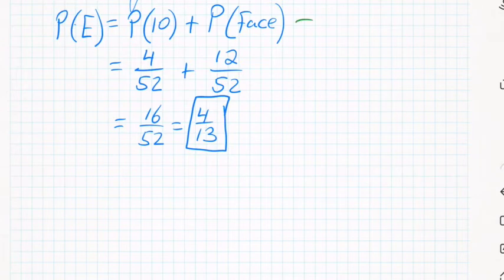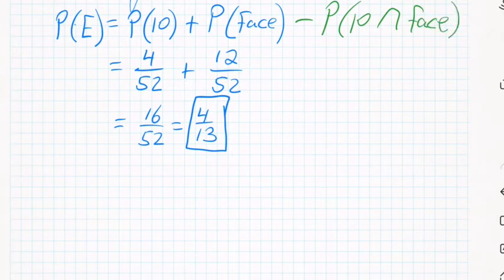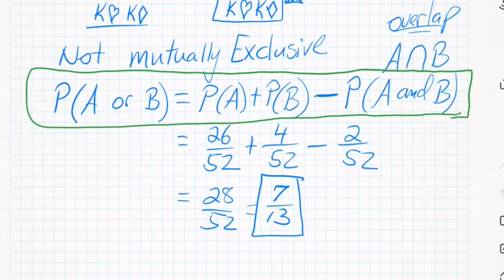Because if we did do a probability of 10 intersect with face, 10 cards don't have faces, so the probability here would have been 0, and you still would have ended up with 4 over 13. So my suggestion is to always use this formula, and if the probability of A and B, or their intersection or their overlap, is 0, then it doesn't hurt you to actually write 0.